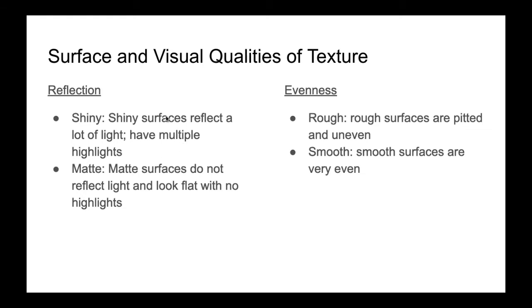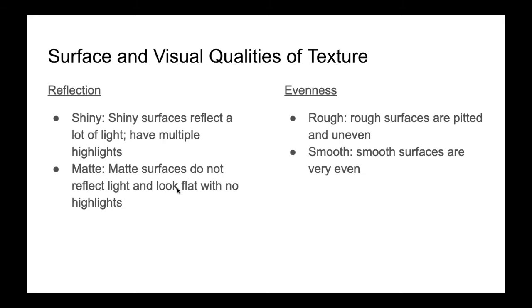So a shiny surface is one where a lot of light is bouncing back off of the surface of that object. So shiny surfaces are usually things like metal, glass, some plastics, and when you have a shiny surface, you're going to see that there are a lot of highlights, and sometimes you can see the reflections of other objects.